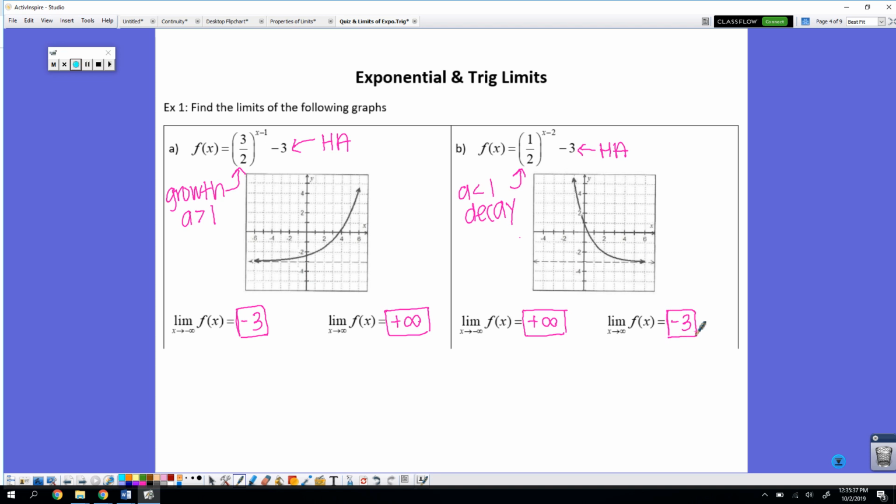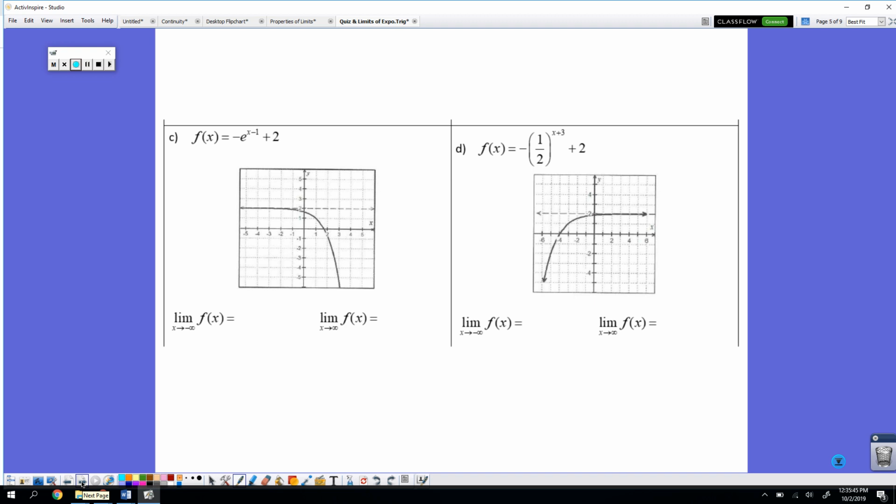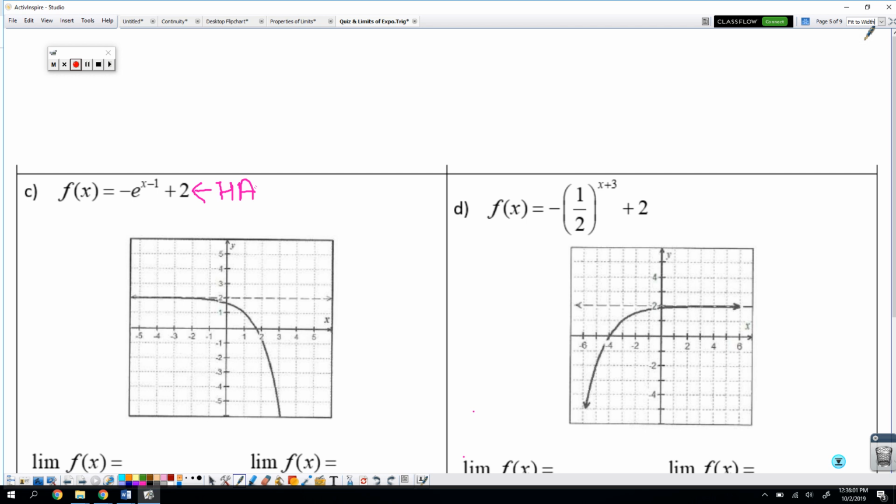All right? Now remember, when we're given a graph, this is pretty easy because you just look at it. But when you have to graph it yourself, it gets a little bit more difficult. So now again, we have our horizontal asymptote at 2. Okay.